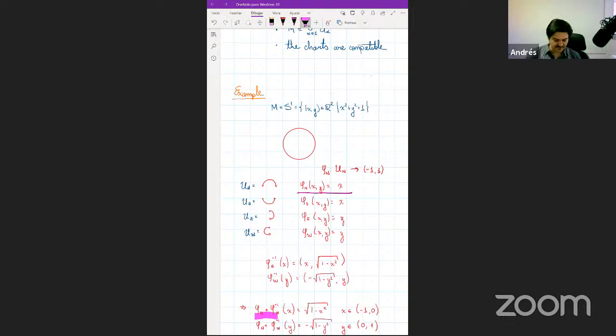This is north and west. So the intersection is this quarter here. So that's why x is between -1 and 0, and the composition is this function. And there you have the inverse.